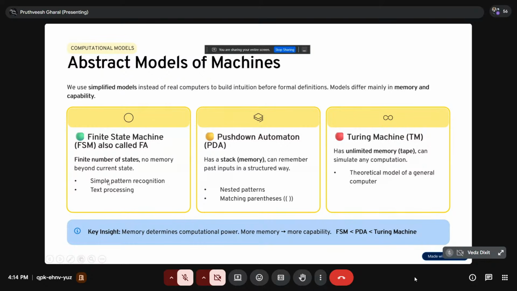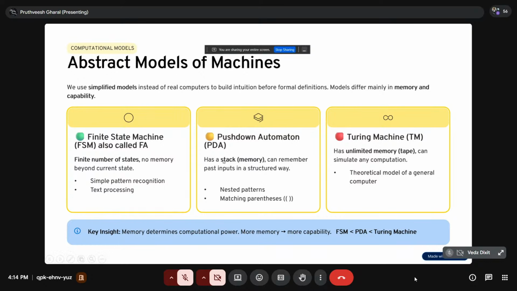So the problems related to a finite state machine might be finding whether a string ends with some pattern, or it might be finding whether a number is divisible by some other number or not. So these are the questions they are going to ask with a finite state machine. The problems are not going to be that complex for this.